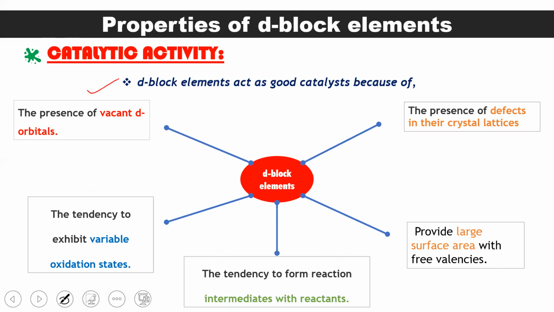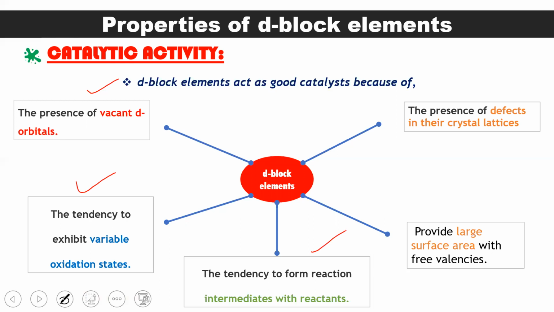See this. Due to the presence of vacant d orbitals, they will show variable oxidation states. That means more than one oxidation state. Another one is the tendency to form reaction intermediates with the reactant.